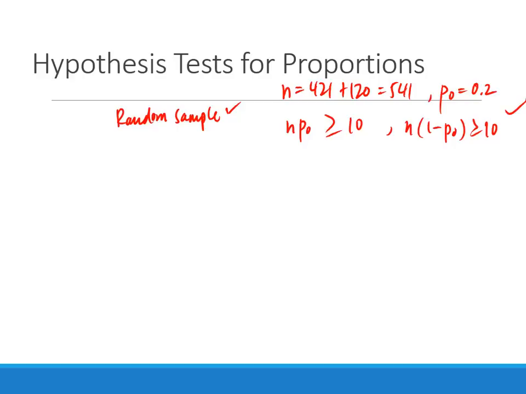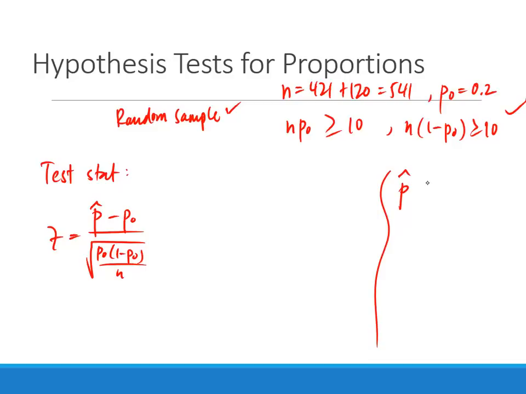So let's figure out what our test statistic is. The test statistic, again, is a z. We're going to take p hat minus p0 over the square root of p0 times 1 minus p0 over n. Let's just make a note over here. What is my p hat? So I have 541 total people. What goes in the numerator there? 120, right?